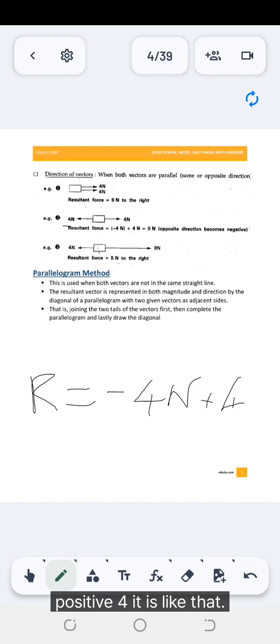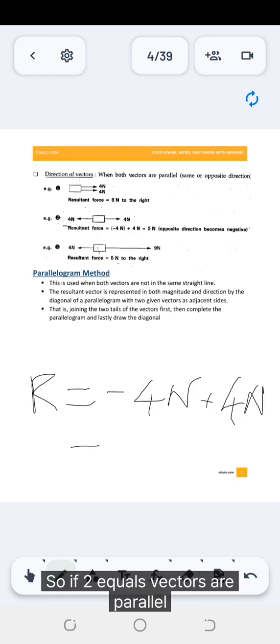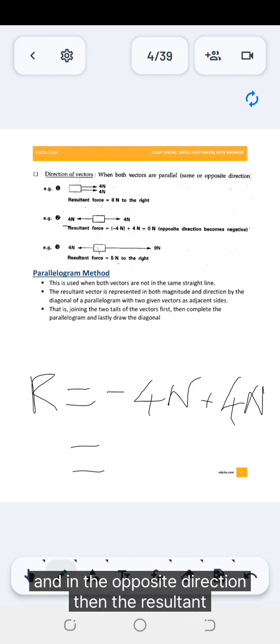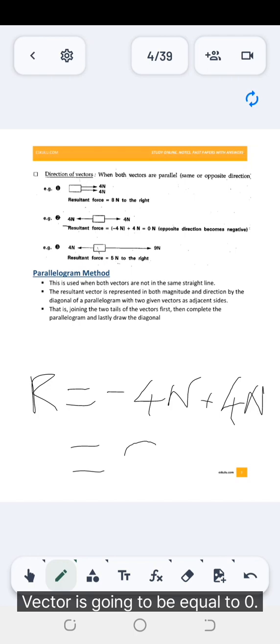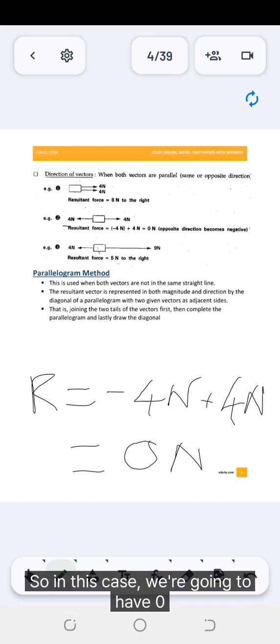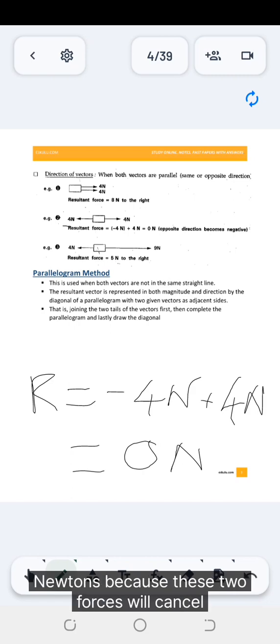If two equal vectors are parallel and in the opposite direction, then the resultant vector is equal to 0. We have 0 newtons because these two forces cancel each other. Let's proceed and look at the next example.